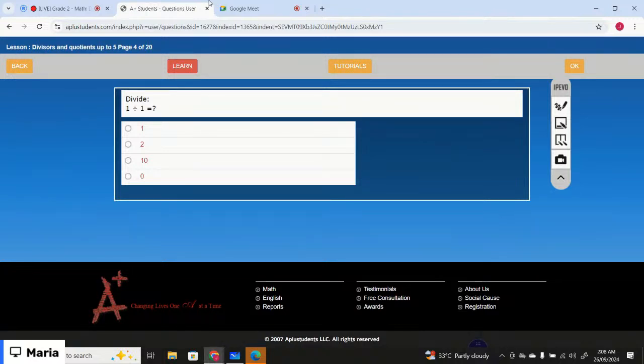So 1 divided by 1 is also 1. The correct option is 1.